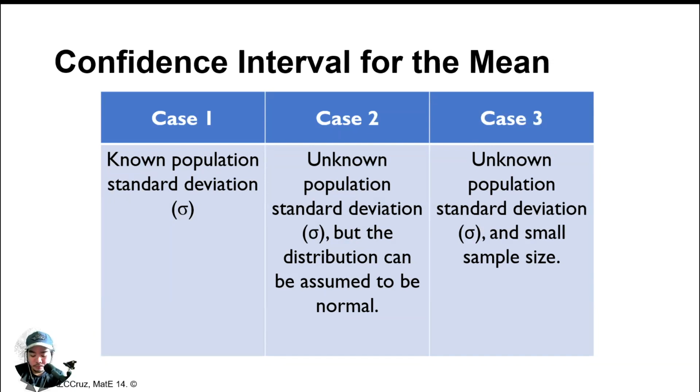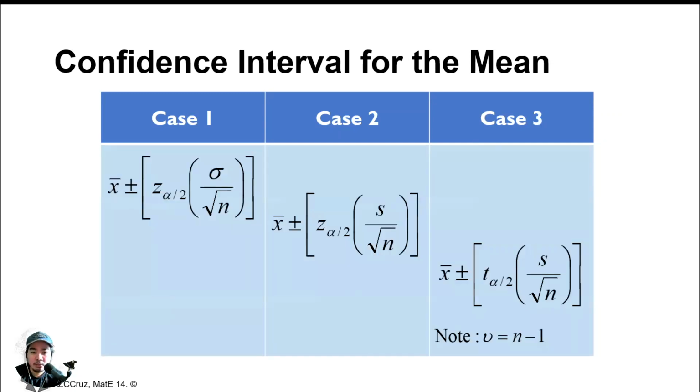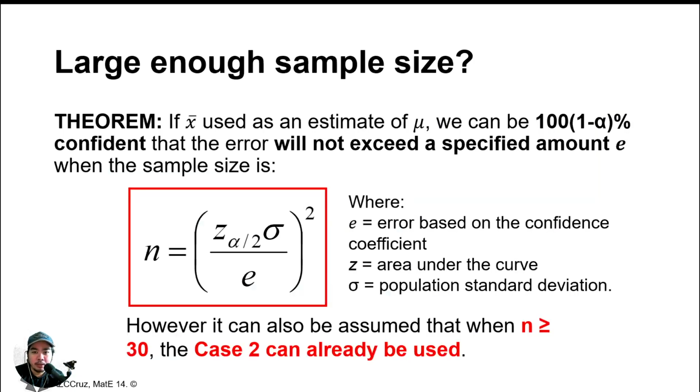And the sample size is large enough if we follow this formula, no? And if you notice and take note of this formula, class, no? This is n is equal to z alpha over 2 sigma over e, where e is the error based on the chosen confidence interval over 2.